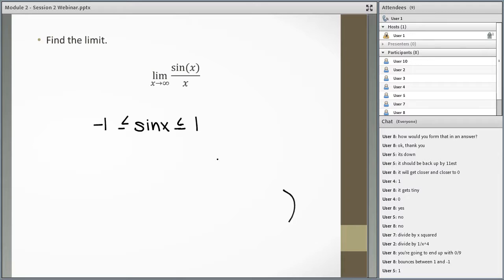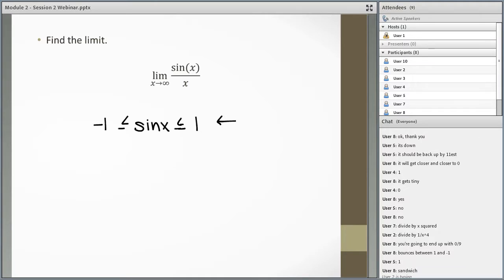But what can I do with this? Does this look familiar? Well, going back to the very beginning, good, yes, the sandwich theorem. Going back to the very beginning, I have that sine x is between negative 1 and 1, and I need sine x over x.